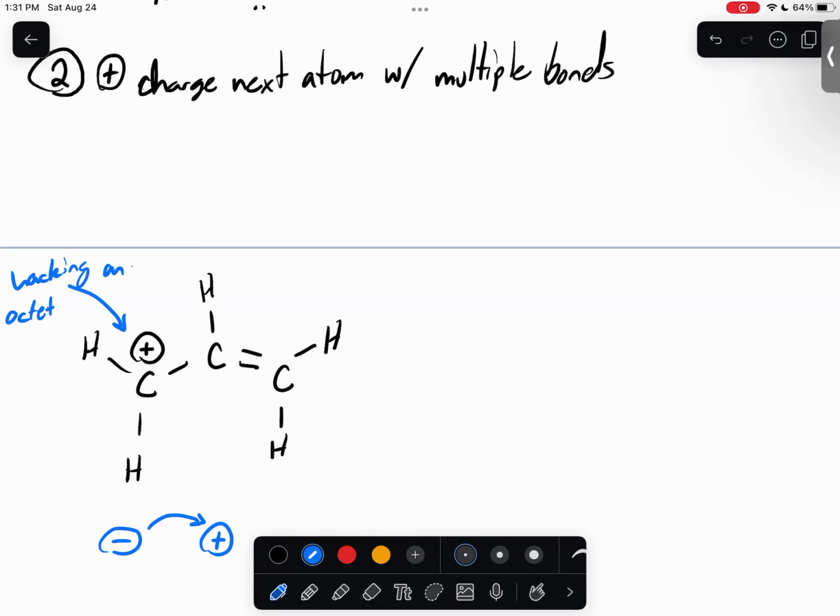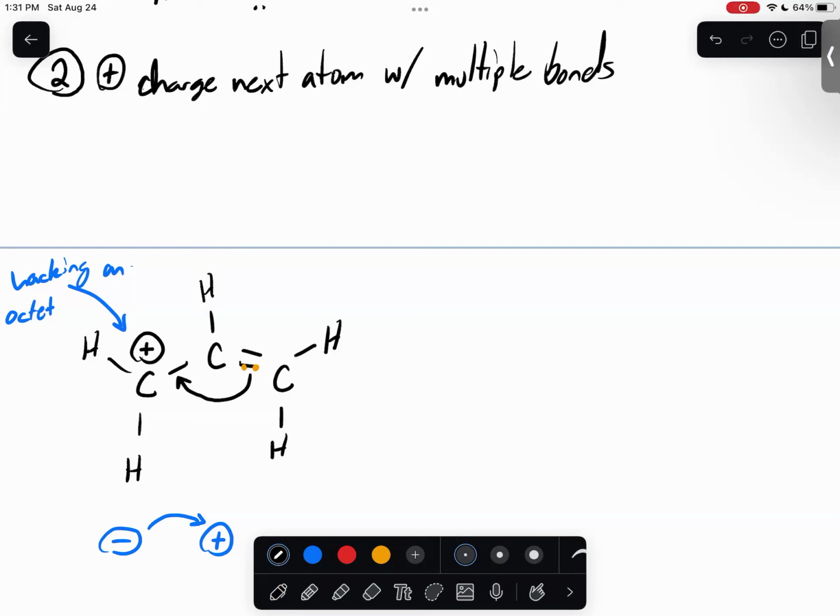The only electrons that we can see are within this double bond over here, right? It's like we've seen many times before, where each of these double bonds also has two electrons. So what we can see happen is the electrons from this bond can move over and form a new double bond between these two carbons to give that carbon with the positive charge an octet.